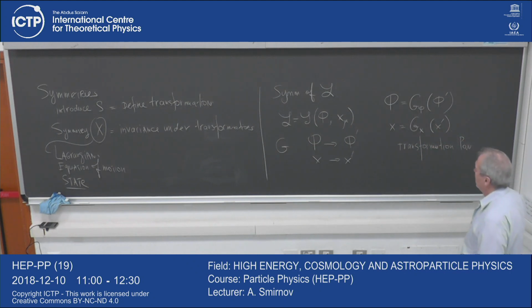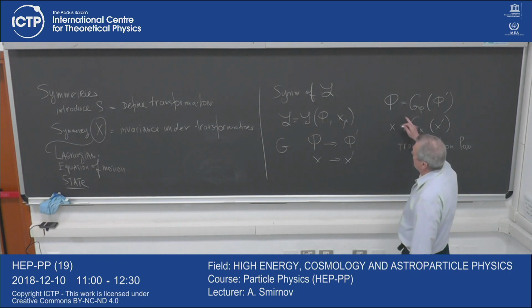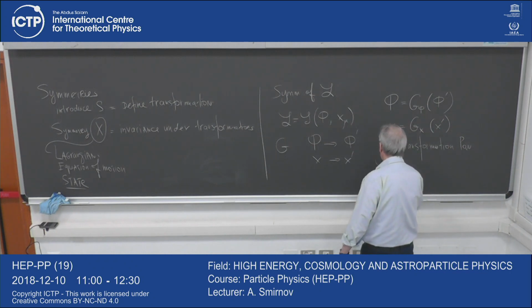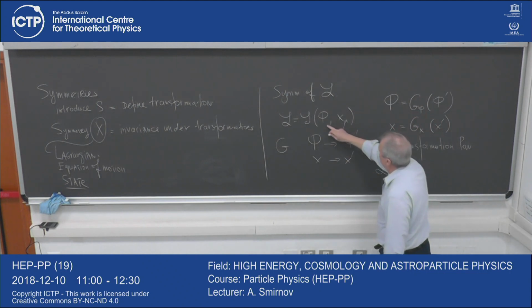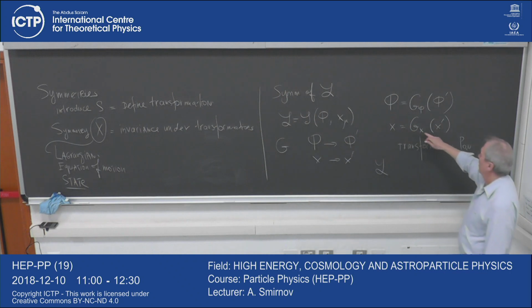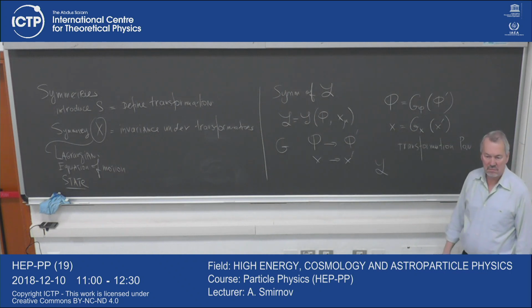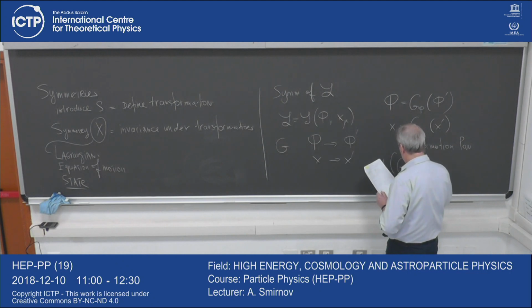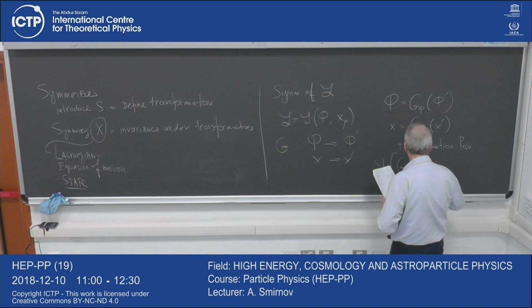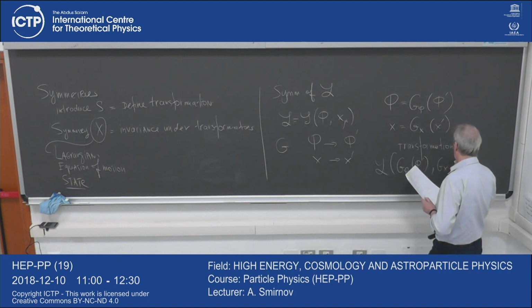Now, the invariance means the following, as we have already discussed before. We can start with this Lagrangian and insert f and x according to these transformation laws. So what we will get, g of f is functional of f prime, g of x functional of x in general.